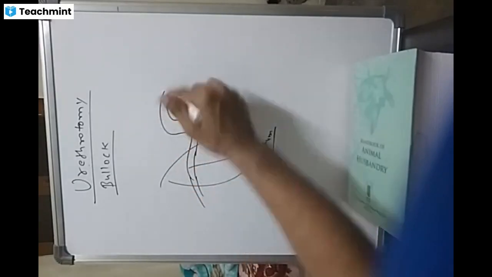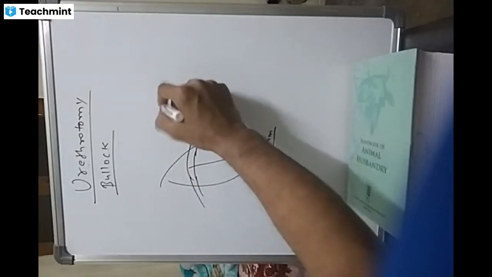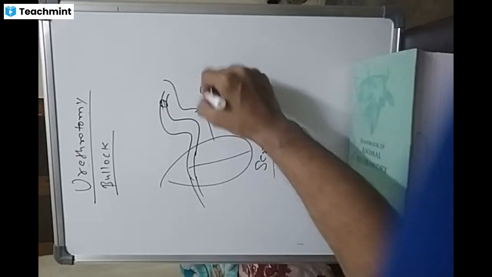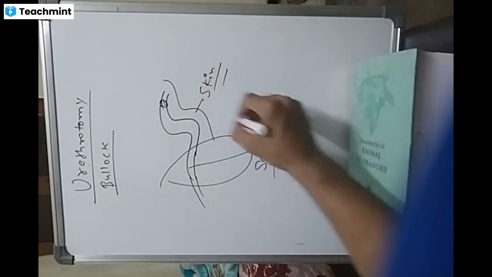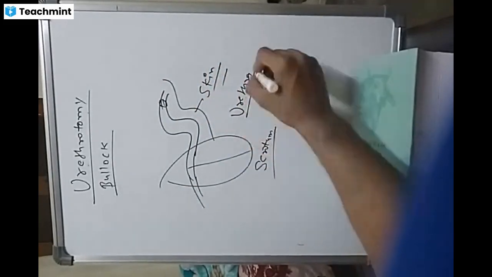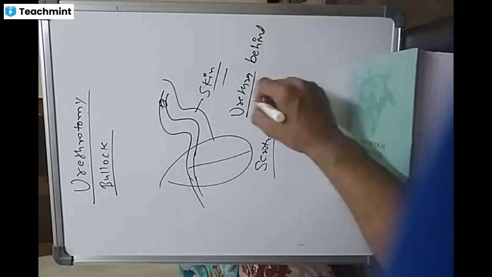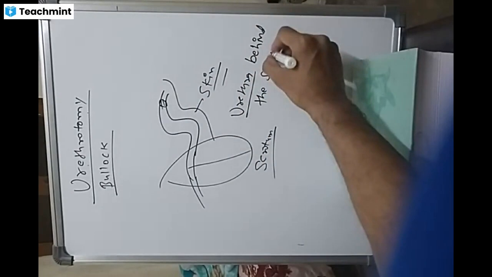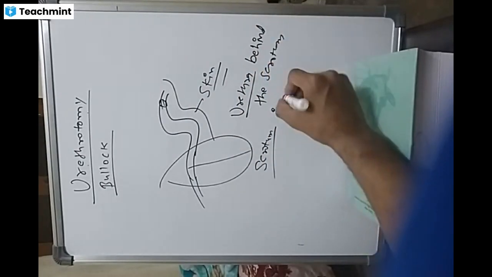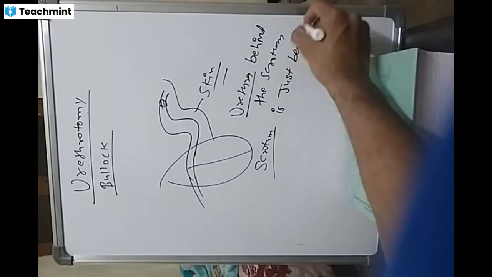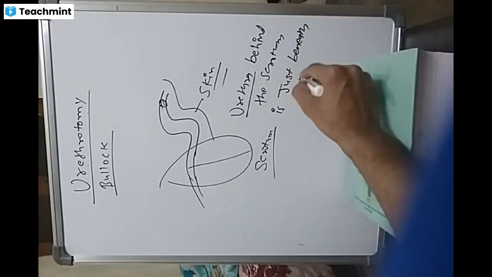The reason is this urethra, in this region behind the scrotum, is just beneath the skin.